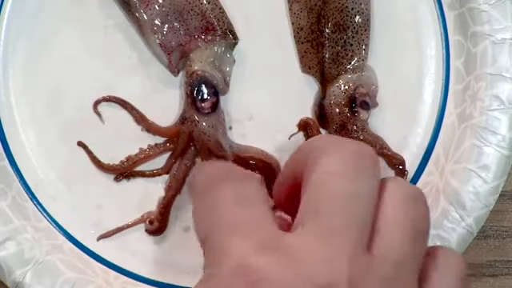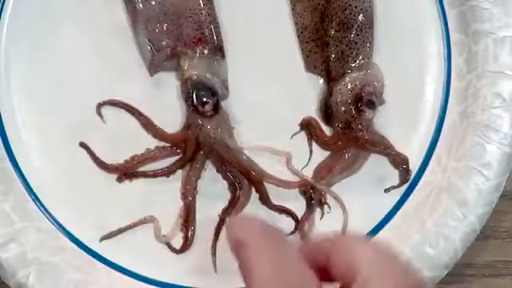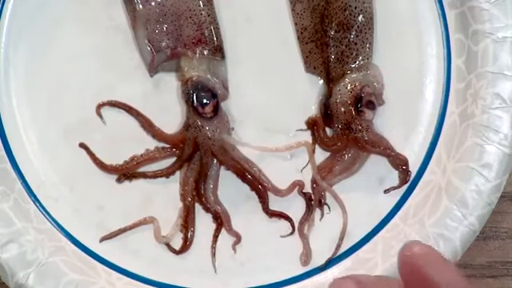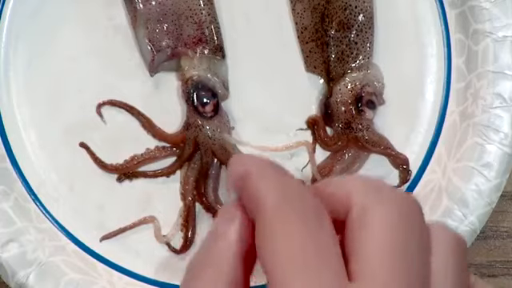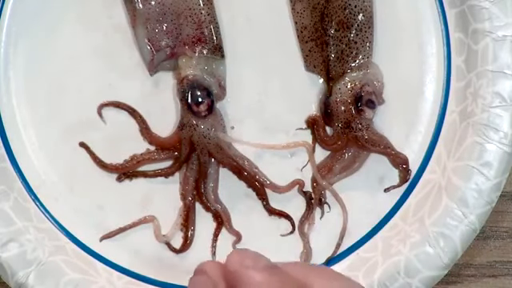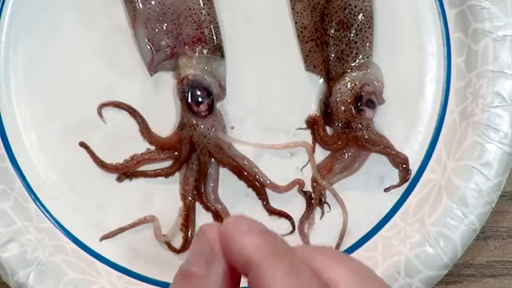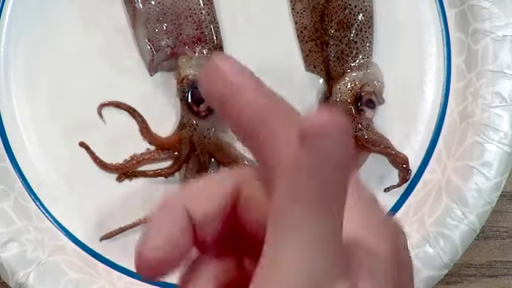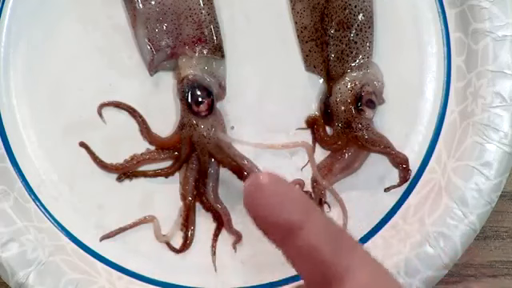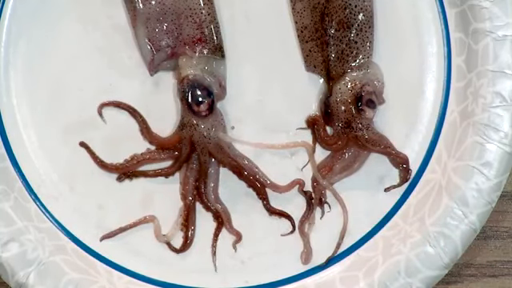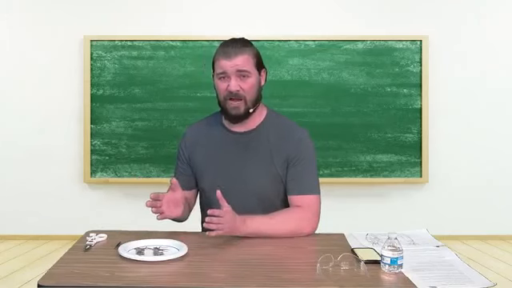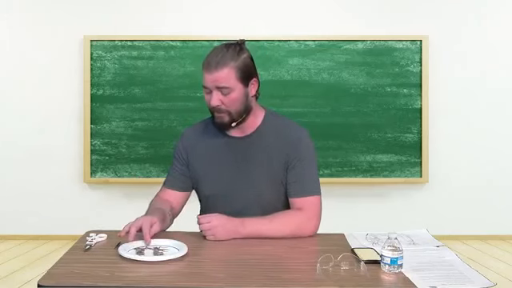Squid is a delicacy. Now you can find this delicacy in a restaurant under the name calamari, which is the Italian word that actually means pen tip, or it's like an ink term. And that's because, like an octopus, this creature has a self-defense mechanism inside where it's able to shoot out a little bit of ink to create a distraction or a way to get away from a predator.